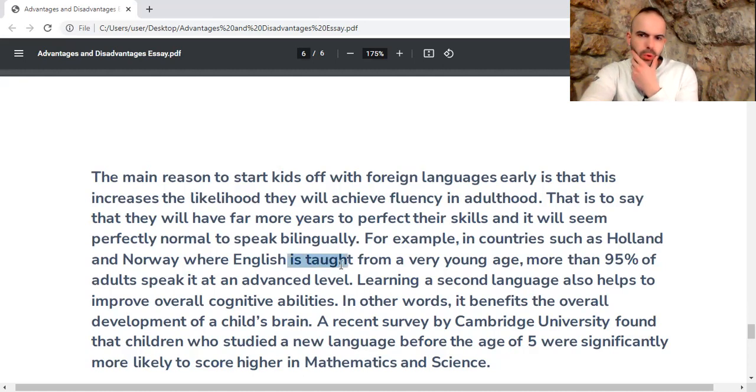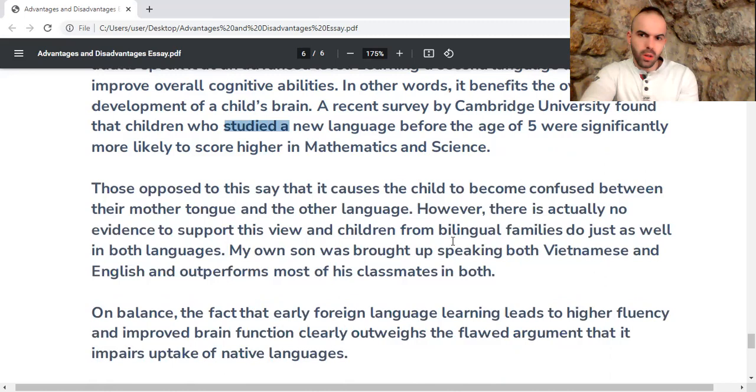Okay, we used a lot the active form. It's beautiful to use the active form. Is taught, for example. It benefits, so that's the present simple. Found, that's the past simple here. We have the past simple. And studied, past simple. To become, okay, so that's the present simple.